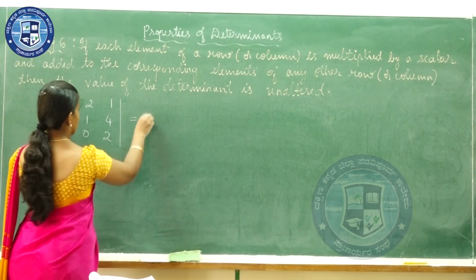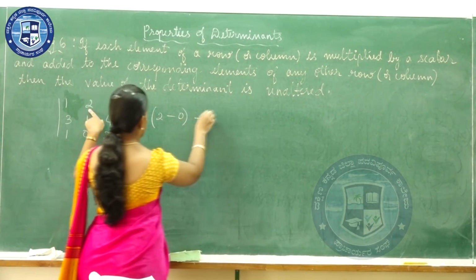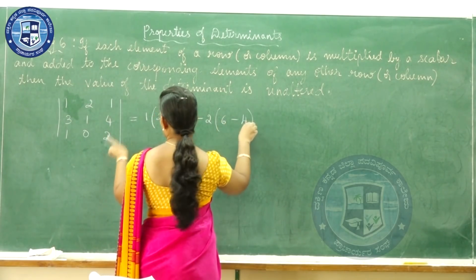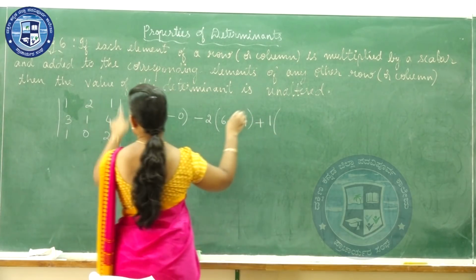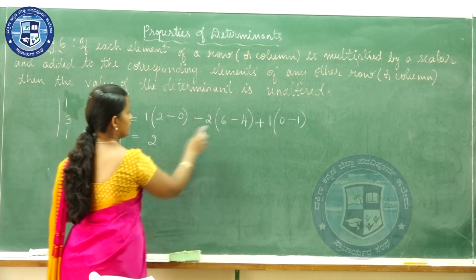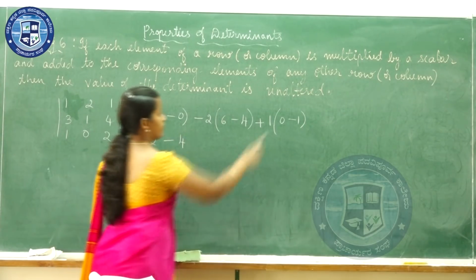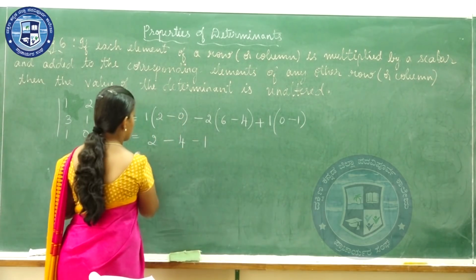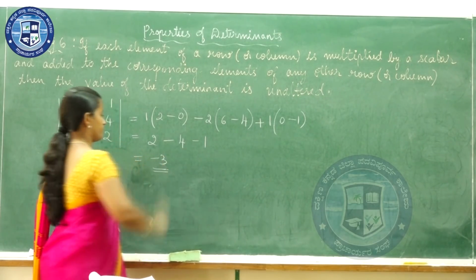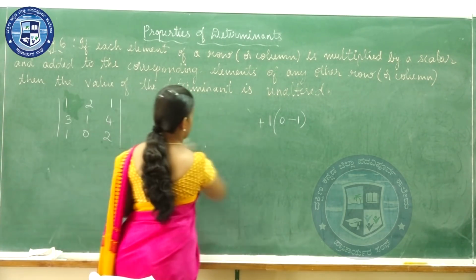Let me expand this. 1 into 2 minus 0 minus 2 into 6 minus 4 plus 1 into 0 minus 1. So, you will have 2, 6 minus 4 is 2, so you have minus 4 and it is minus 1. So, the answer is, this is minus 4 minus 1 is minus 5, 2 minus 5 is minus 3. You have the value of this determinant as minus 3.